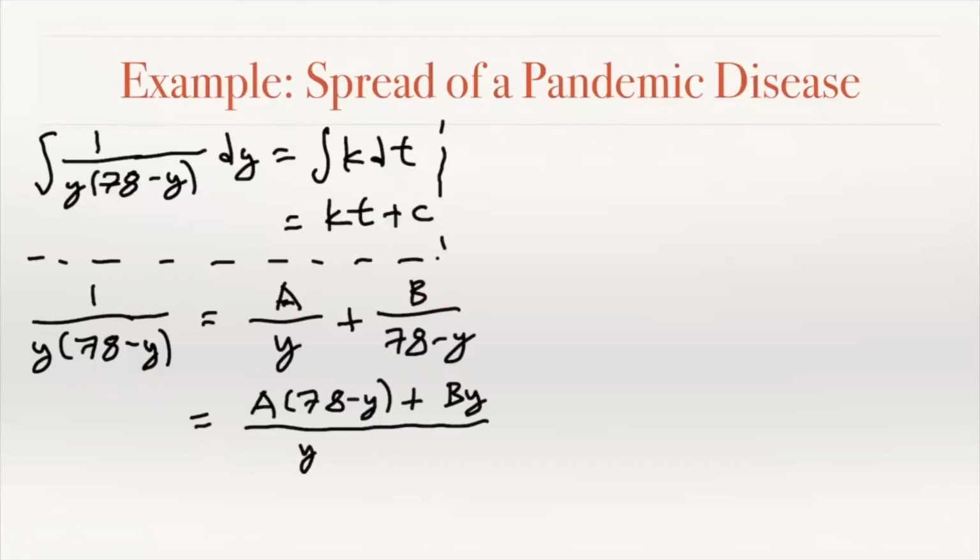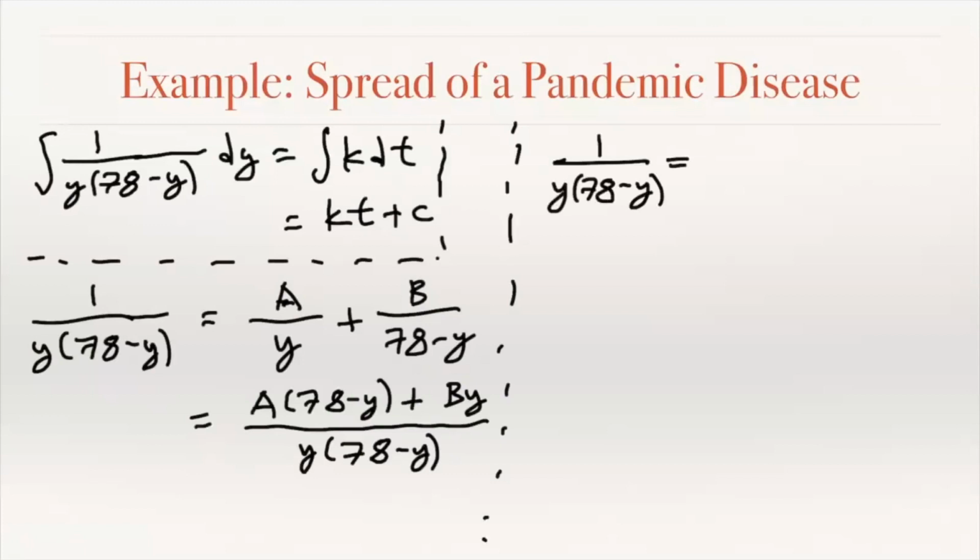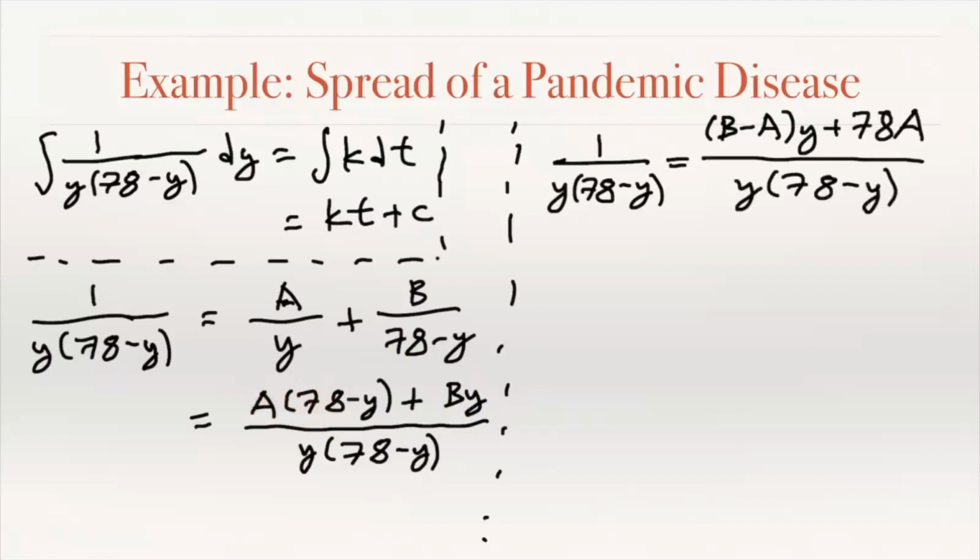So adding the fractions together by getting a common denominator, we have that. And then up in the numerator, we gather like terms. So this is by minus ay, which is b minus a times y, and then plus 78a.